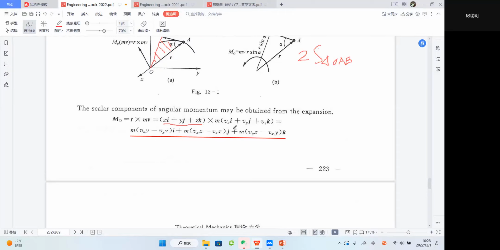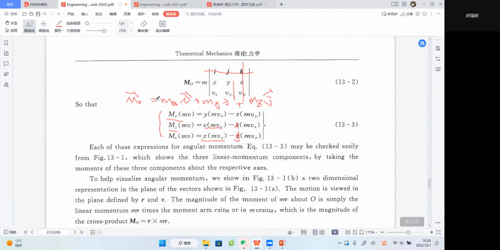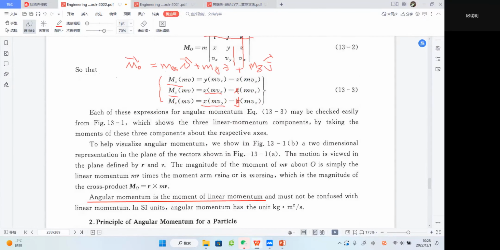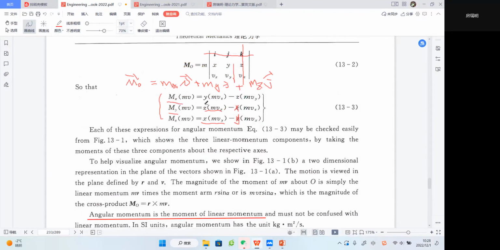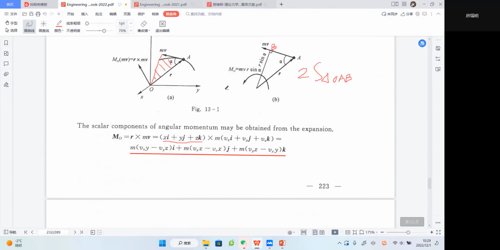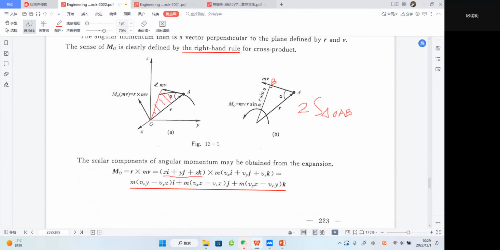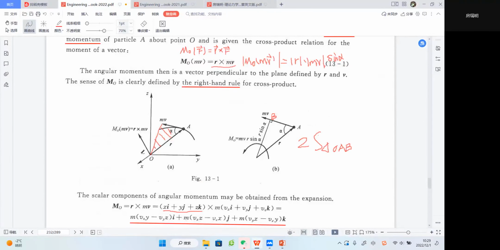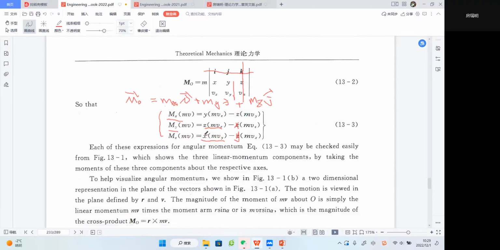That characteristic still applies here. So the first component of this M_O is the angular momentum about the x-axis, the second component is the angular momentum about the y-axis, and the third component is the angular momentum about the z-axis.